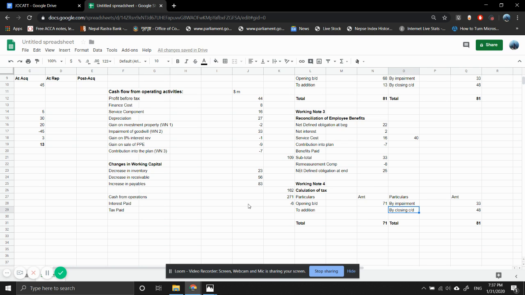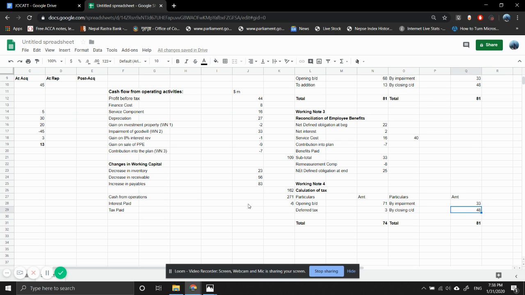And then have there been any? First thing first, let's not forget deferred tax. Let's bring that figure from here. Deferred tax, remember that increases our tax liability, right? And then after that, our closing value.